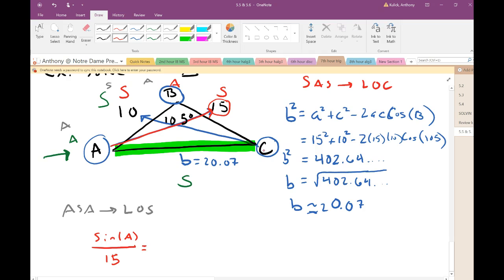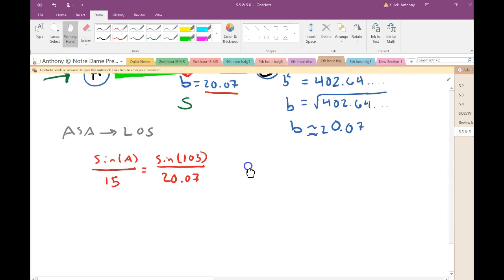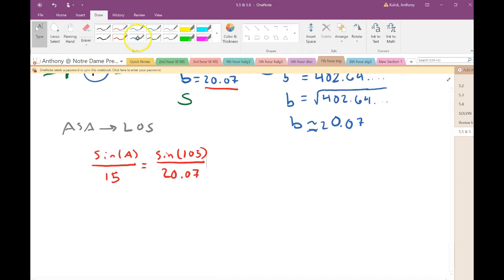I can only have one variable in my equation, so I certainly don't want to use angle C. I should use angle B. And then the side opposite angle B is 20.07. Is everybody okay with how I wrote my equation?